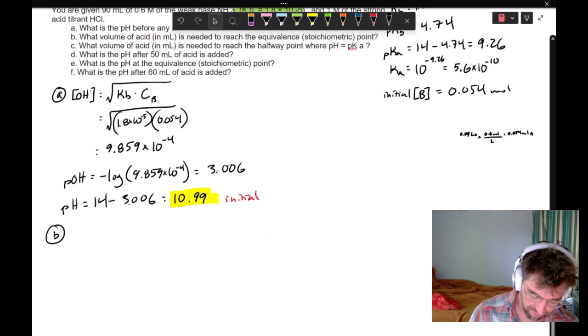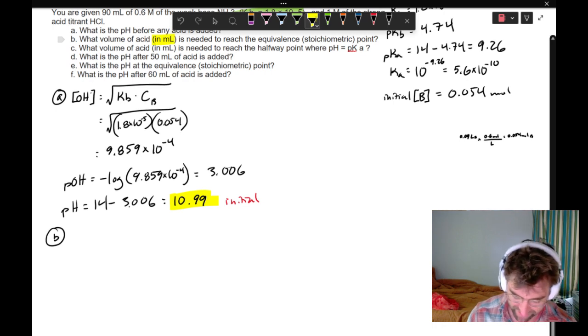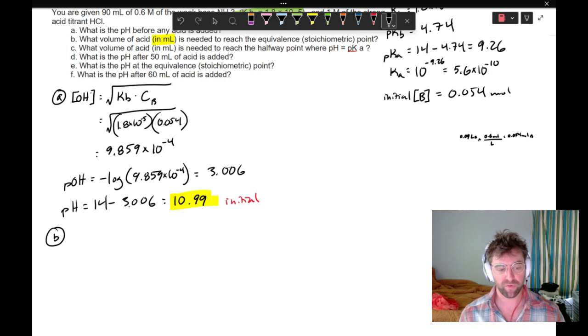So question B, what volume of acid in milliliters is needed to reach the equivalence point? So we talked about what the equivalence point meant before. In this case, we're adding strong acid, so all of our acid is going to dissociate. Our quantity of acid needs to be equivalent to the amount of base that we started with.